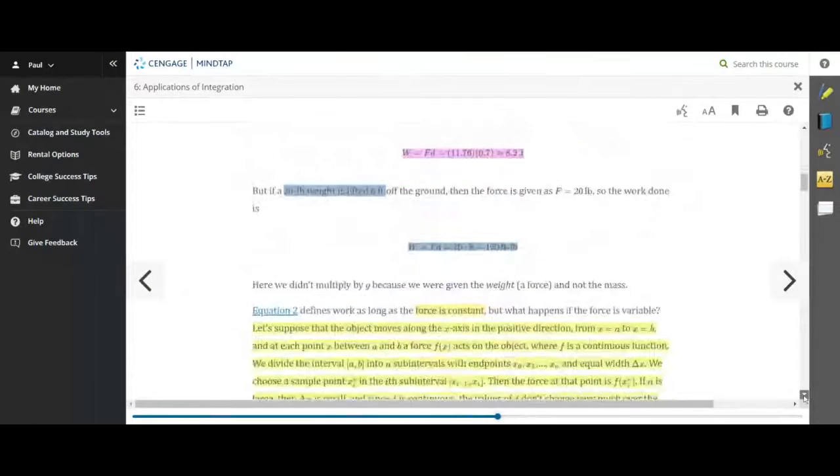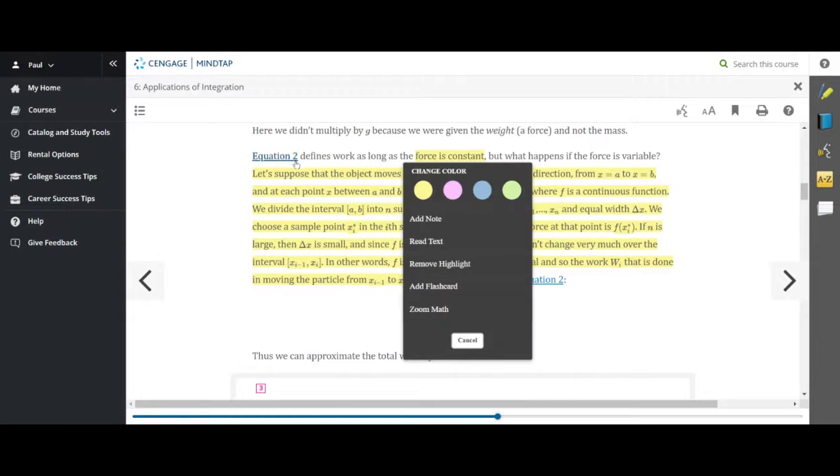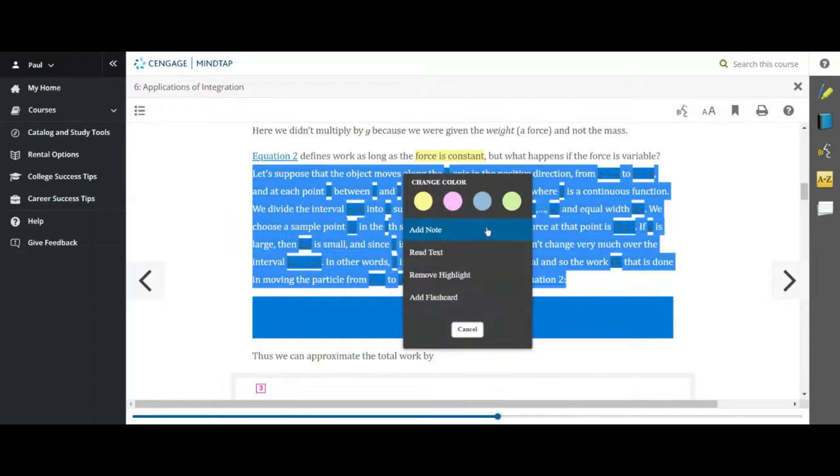Let's go back to the book and see how they do this. So what they do is say, we're going to have our force function. Let's see if we can unhighlight a few things here.